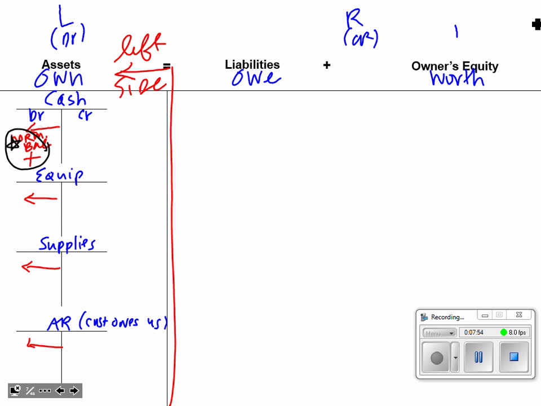So equipment has a normal debit balance, and that's where the plus is. Supplies has a normal debit balance, and that's where the plus is. And accounts receivable, because it's an asset, it's on the left side of the big T, so the left side of the little T is where the normal balance and the plus is. Opposite of the normal balance, what do you think it is?